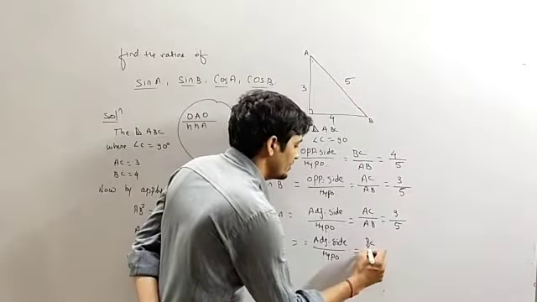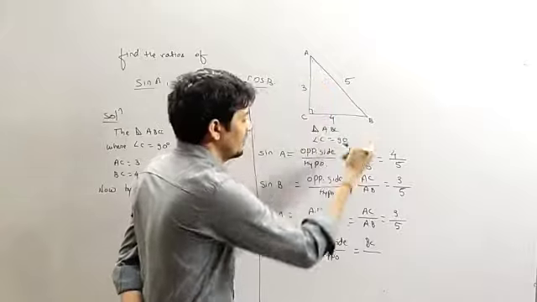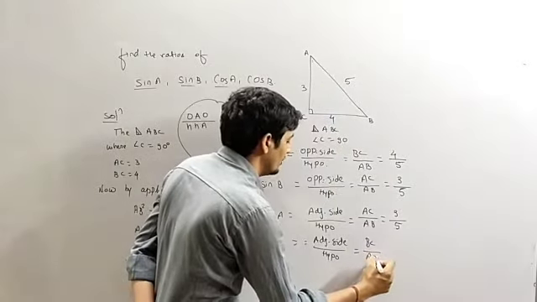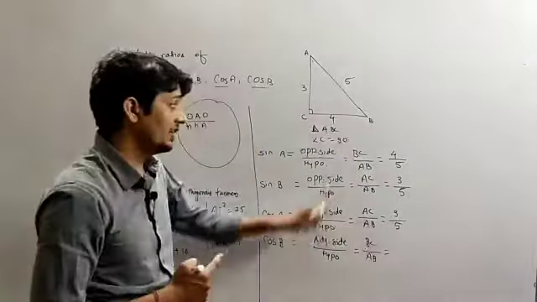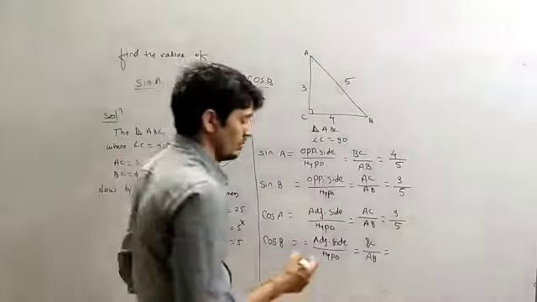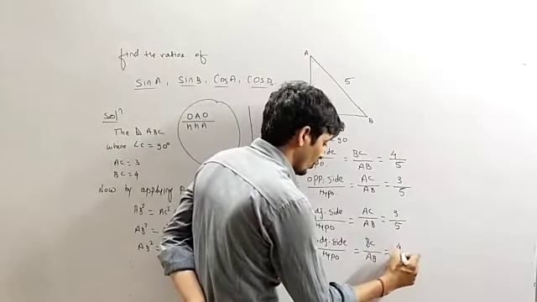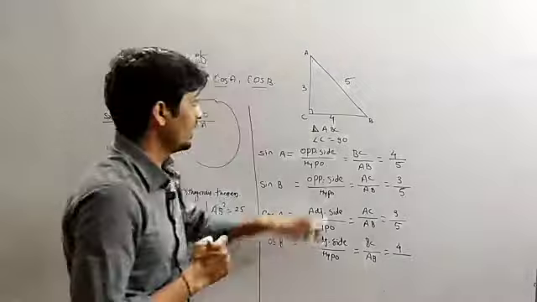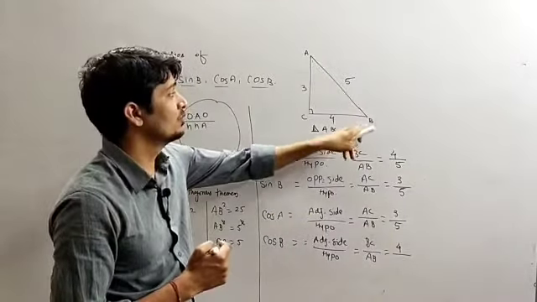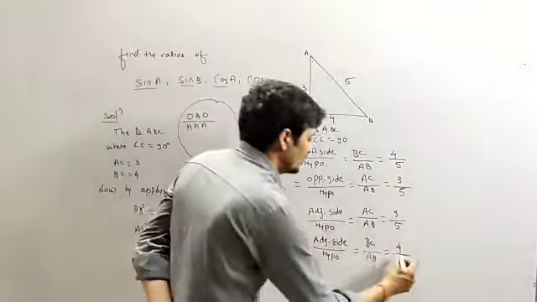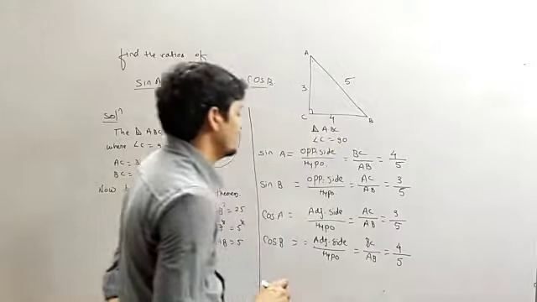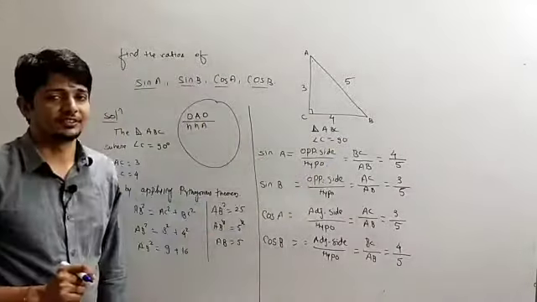So we write BC divided by hypotenuse AB. BC is 4, and the measure of hypotenuse is 5. So cos B equals 4 divided by 5. So here we have all the 4 answers.